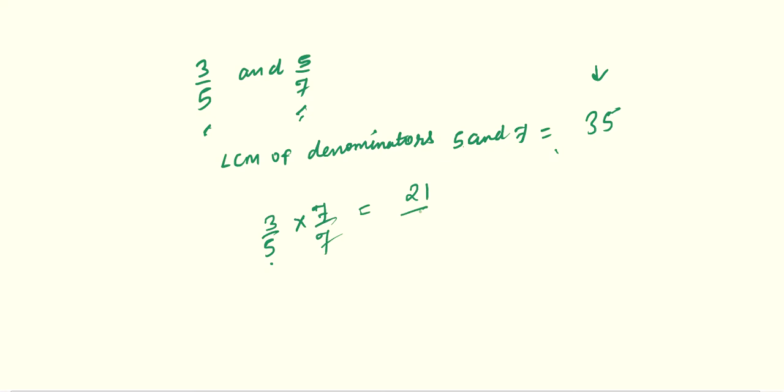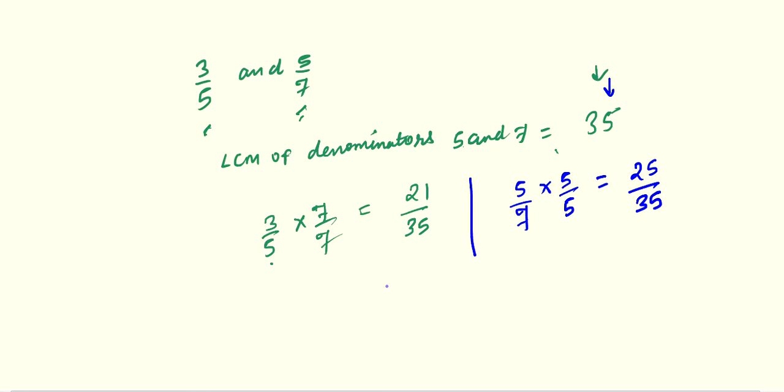So 7 threes are 21 and 5 sevens are 35. Okay, do the same for 5 by 7. Then 35 is a multiple of 7. 7 fives are 35, so that is 5 by 5. 5 fives are 25 and 7 fives are 35.